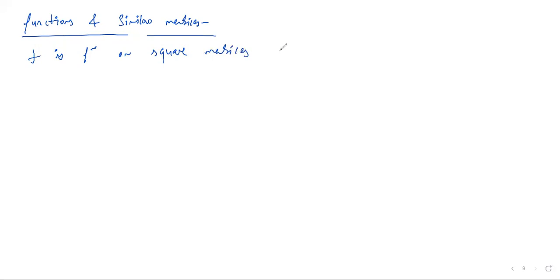Okay, and this f assigns the same value to similar matrices.